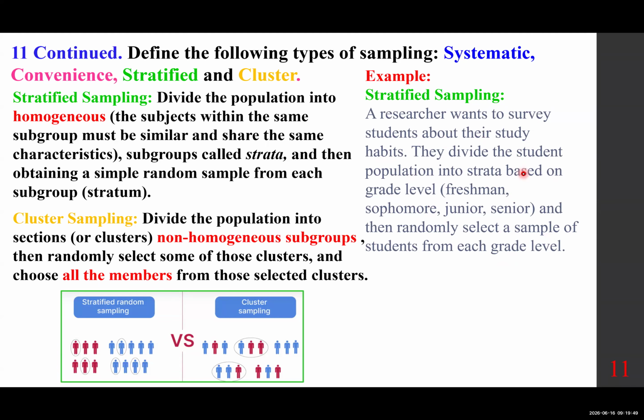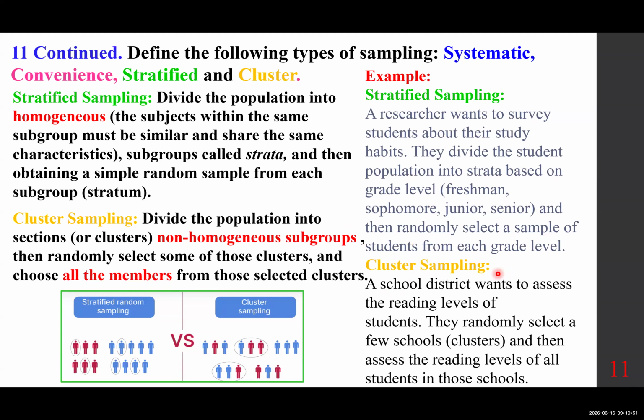That's stratified. On the other hand, cluster sampling. A school district wants to assess the reading level of students. They randomly select a few schools, clusters, and then assess the reading levels of all students in those schools. So that's an example of a cluster sample.